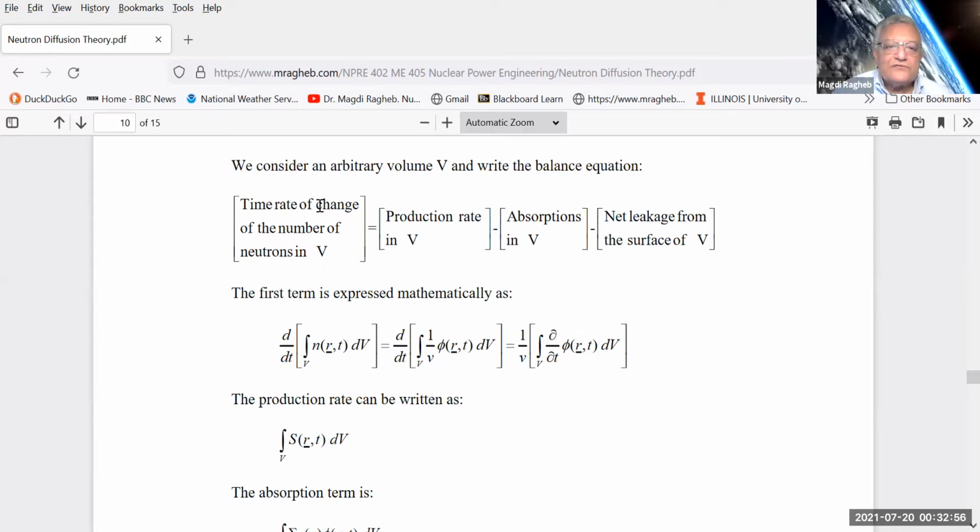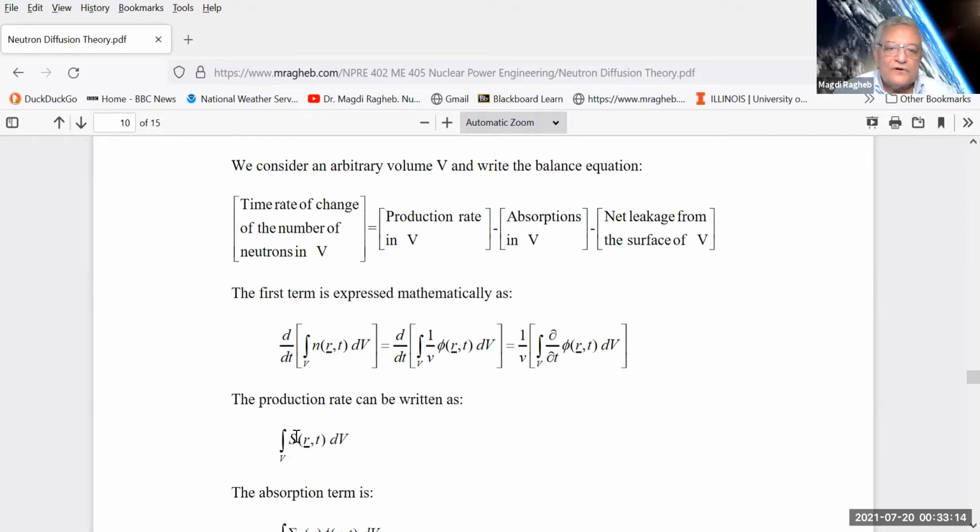So we write here for the time rate of change d by dt, an integral over the volume of the number density of the neutrons in that volume. The production rate is going to be the source of neutrons.